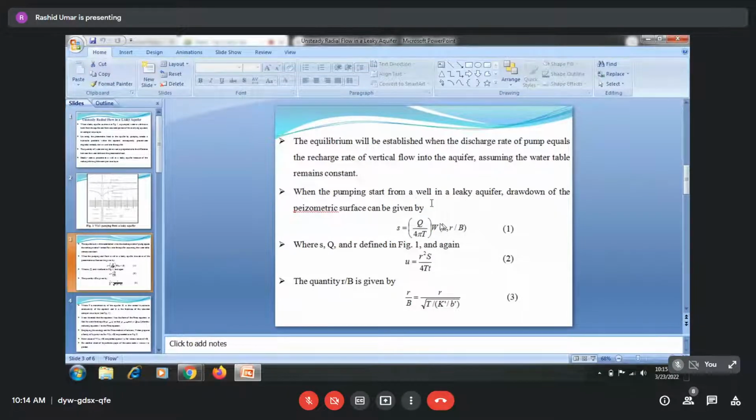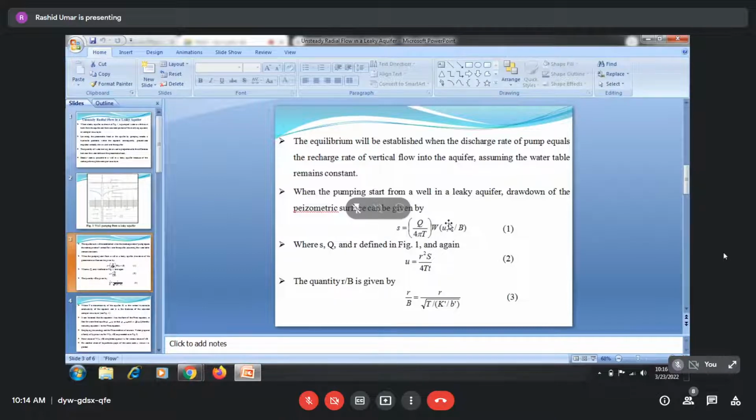This is the equation which he has given for a leaky aquifer. Here S is drawdown, Q is discharge, T is transmissivity, and W(u, r/B) is the well function.